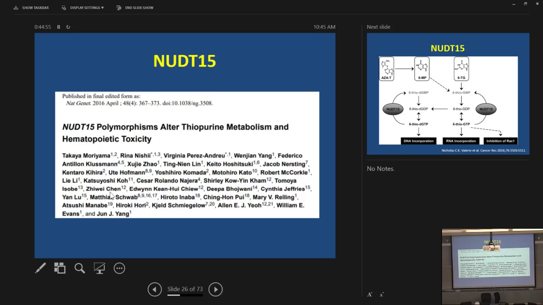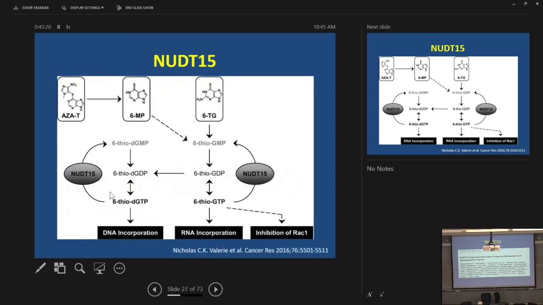There are polymorphisms that can occur in NUDT15 that will also affect thiopurine metabolism. The reason this was found is because we were still seeing severe myelosuppression in certain groups of patients, even though they didn't have a TPMT deficiency. So this enzyme came into play.